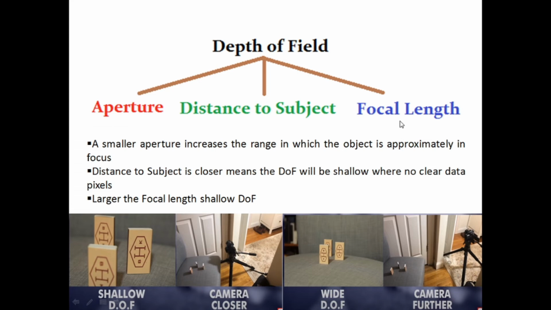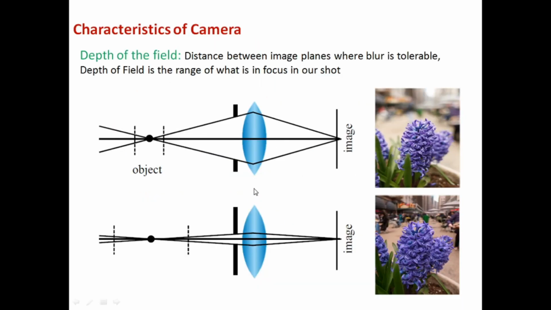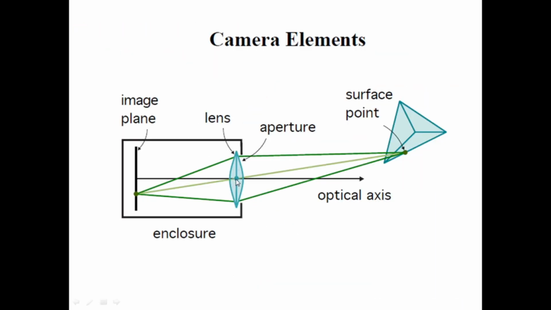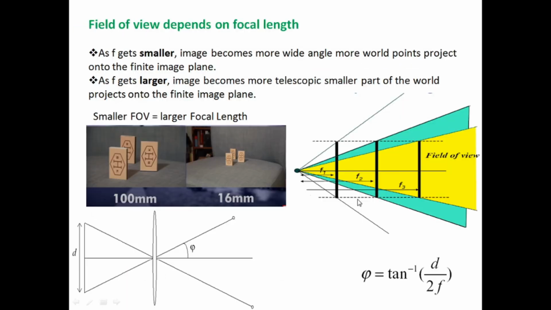Okay, now the last one is focal length. So what is this focal length? Focal length is nothing but the distance from this point to this point. Okay, so focal length I have given here. As focal length gets smaller, the image becomes more wide angle, with more world points projected onto the finite image plane.